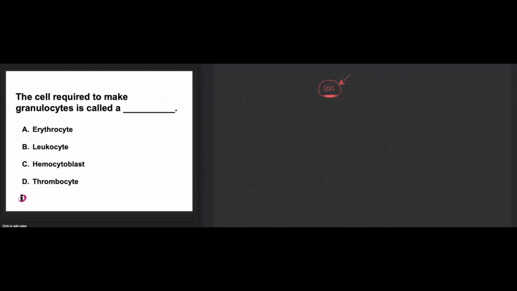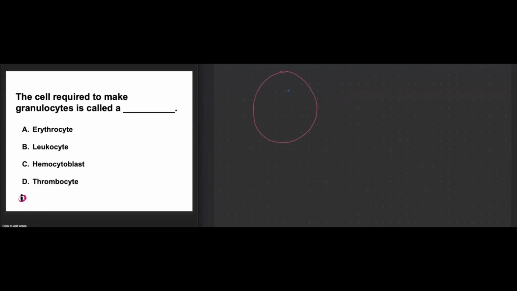What is the cell required to make granulocytes? If you remember, granulocyte is a type of what? Granulocyte is a type of white blood cell. Remember, what are the granulocytes? Granulocytes are the white blood cells that do have cytoplasmic granules.